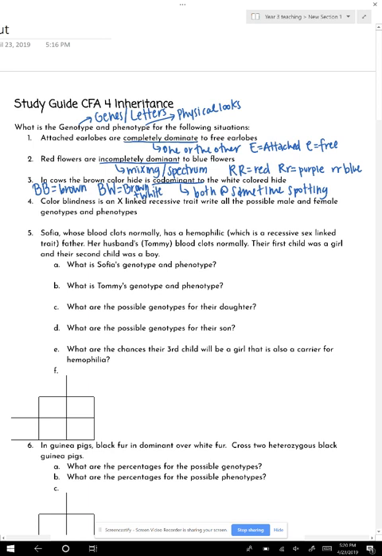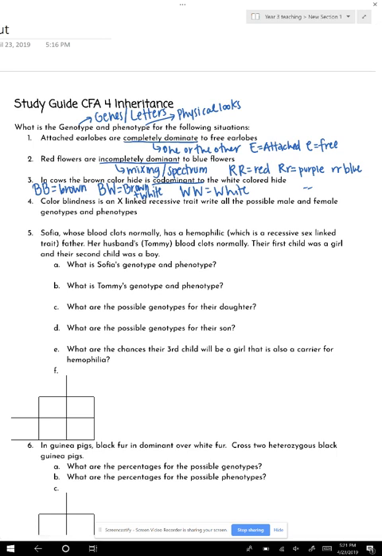And then I'm going to have WW, which means white. You have to remember in codominant, in addition to spotting, I'm also going to have two capital letters, the capital B's and the capital W's. So that's when you will see two capital letters.